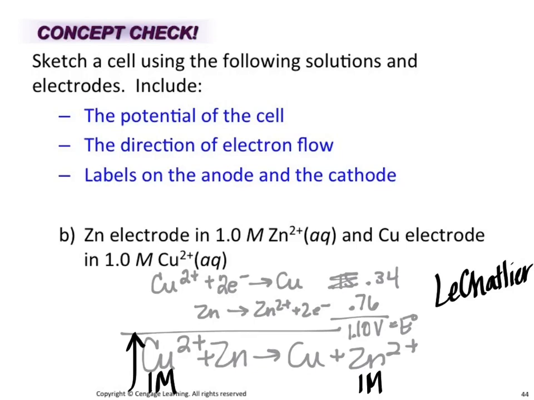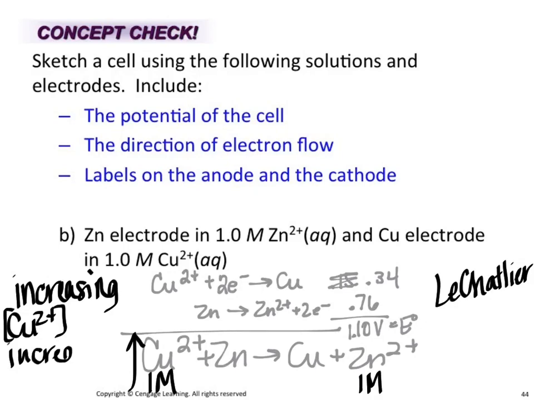So E naught would increase. So increasing Cu's molarity, the concentration of Cu increases the potential E. Not E naught, because we wouldn't be at E naught anymore.